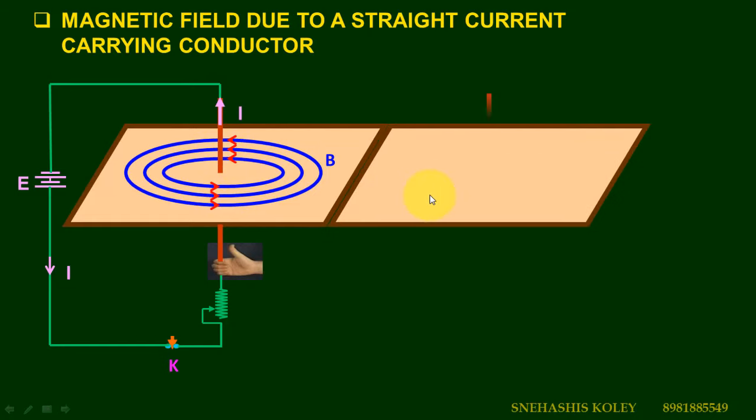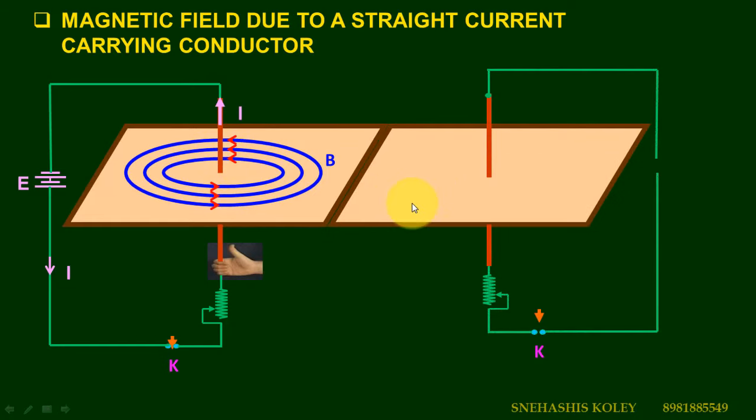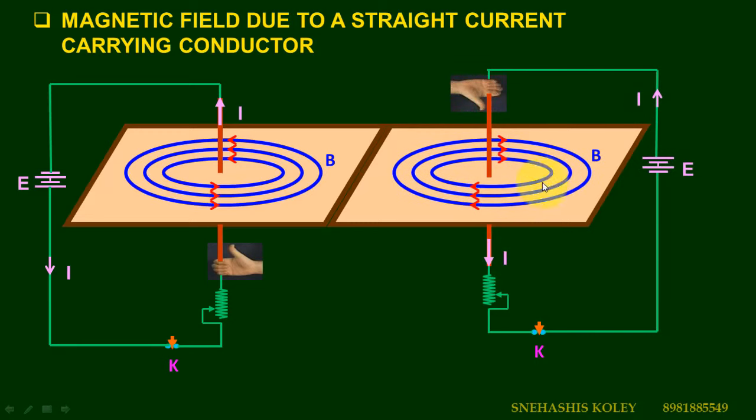But when the same configuration is used and we reverse the battery, the flow of current will be in the reverse direction, that means the downward direction. So the magnetic field lines will be in the clockwise direction.